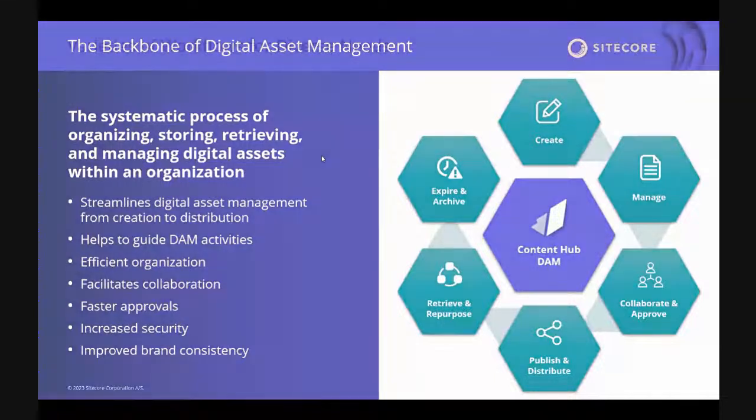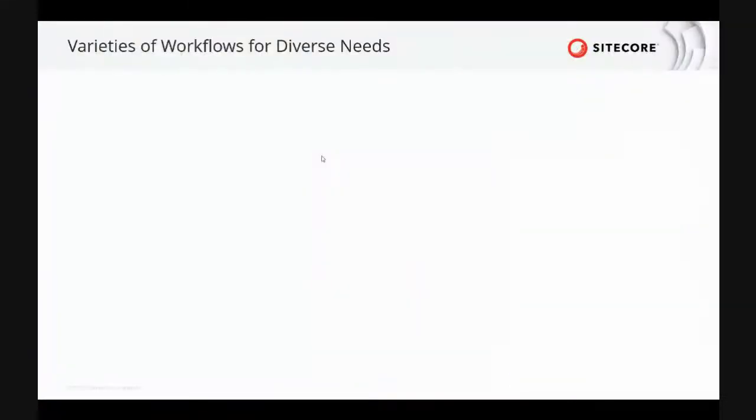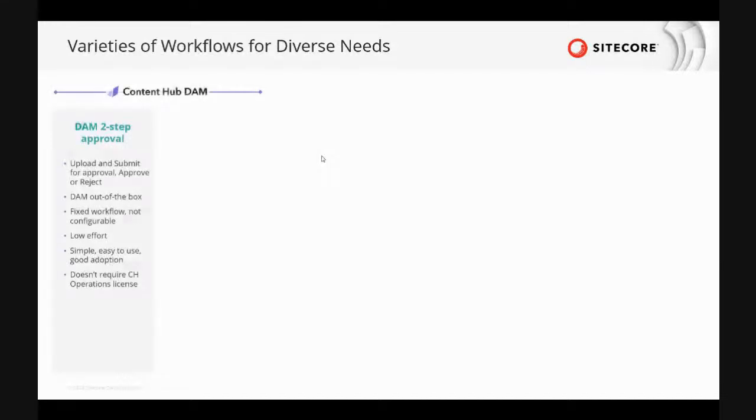So what I wanted to do next is dive into a couple of types of workflows. In fact, I'm going to try to cover all of the different types of workflows that Content Hub offers.